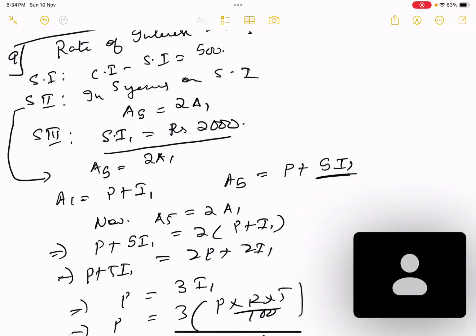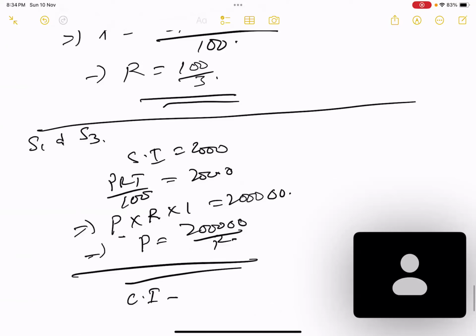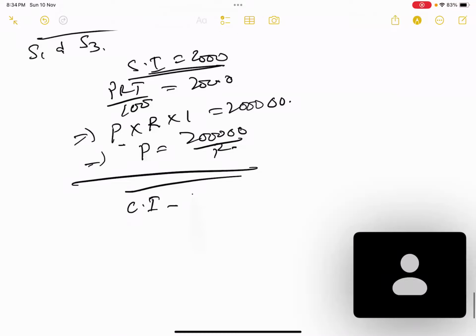For the first year, the simple interest is 2000, right? Statement 1 says that the difference for 2 years is 500. This means compound interest of 2 years minus simple interest of 2 years is equal to 500, right?